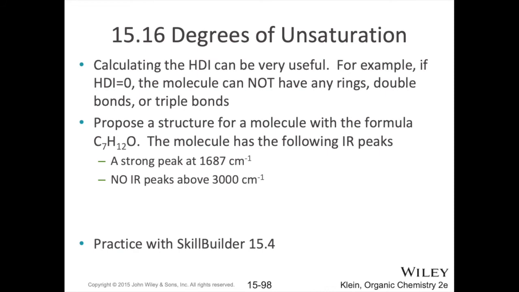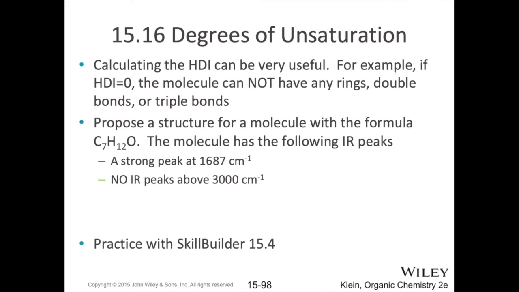So first of all, let's figure out the degrees of unsaturation. Remember, oxygen has no effect on the degrees of unsaturation, so we can just look at our 7 carbons and ask ourselves, are 12 hydrogens enough to saturate those 7 carbons? And the answer is no, right? Because 7 times 2 is 14. 14 plus 2 is 16.